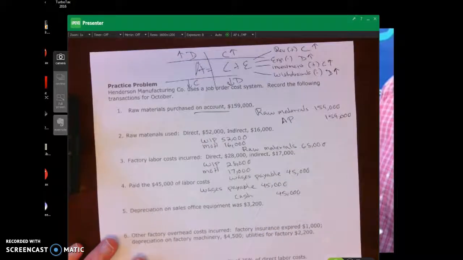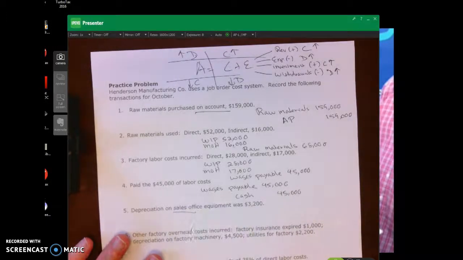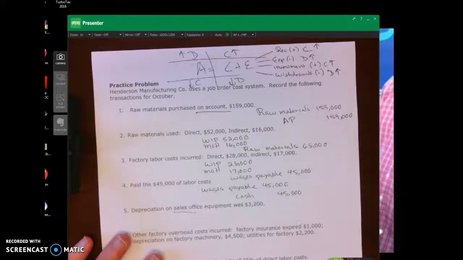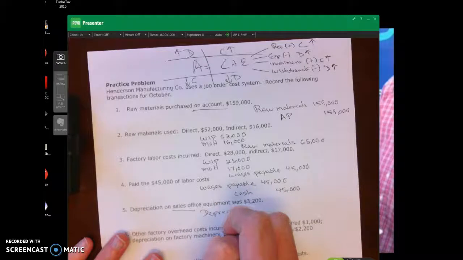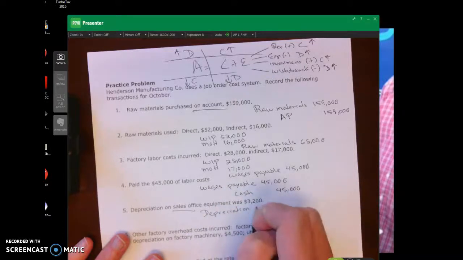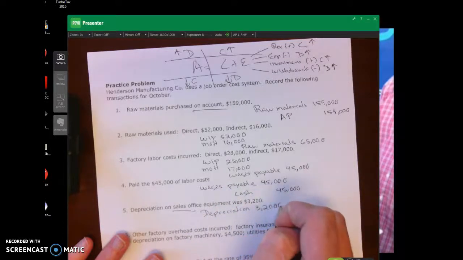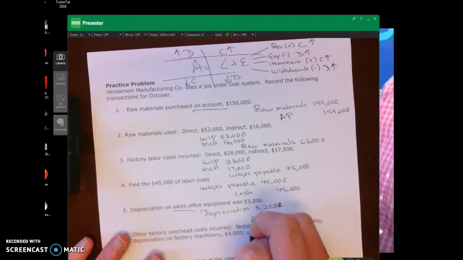We look at this next one: depreciation on sales office equipment, $3,200. This is not manufacturing overhead. This is a period cost because it says sales office equipment. The journal entry to recognize depreciation is a debit to depreciation expense and a credit to accumulated depreciation.